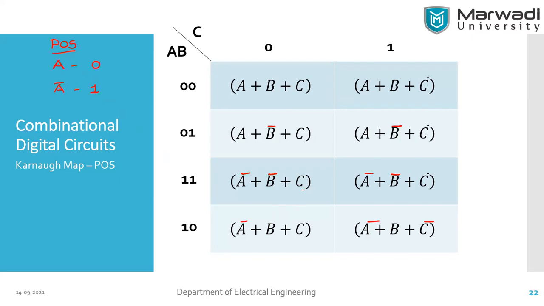Understand? POS is exactly the opposite of SOP, and you can transform one into another. For example, you have A plus B, this is one, and second is A plus B bar.